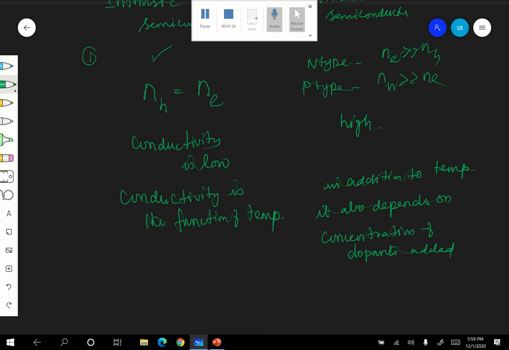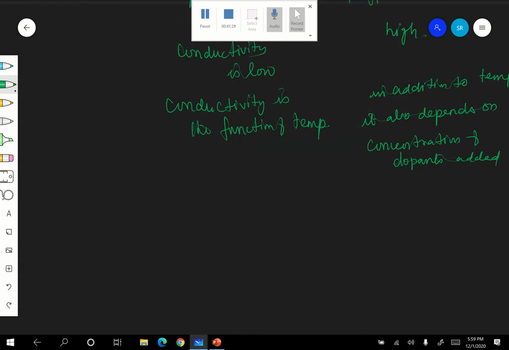Then, n-type and p-type. Now, n-type semiconductor and p-type semiconductor. N-type means pentavalent impurity is added to tetravalent, and p-type is trivalent impurity added to the tetravalent silicon or germanium. Here every impurity added gives one extra electron in the conduction band.